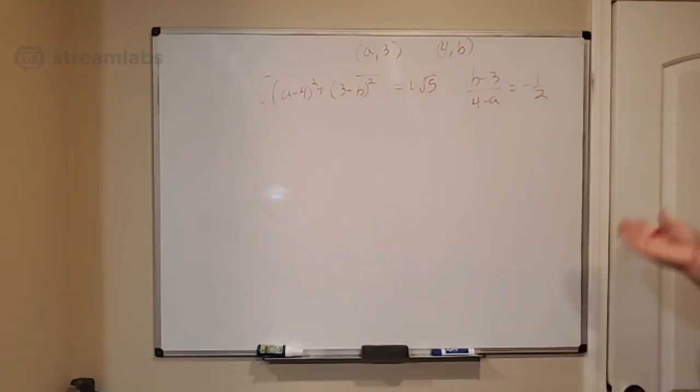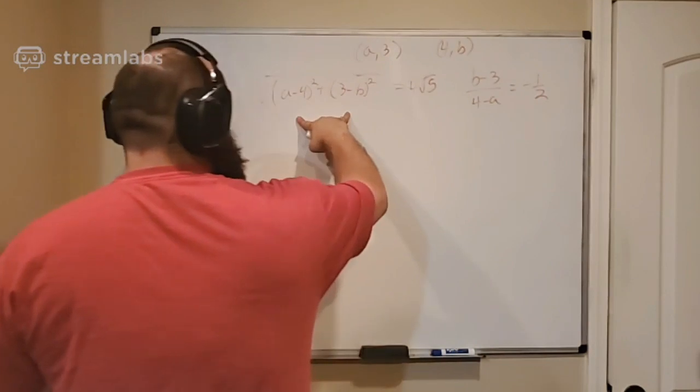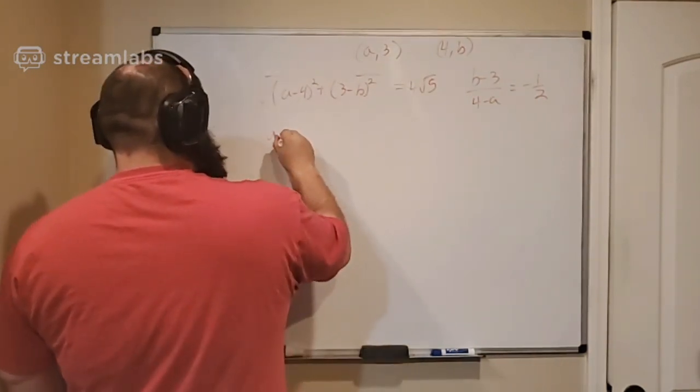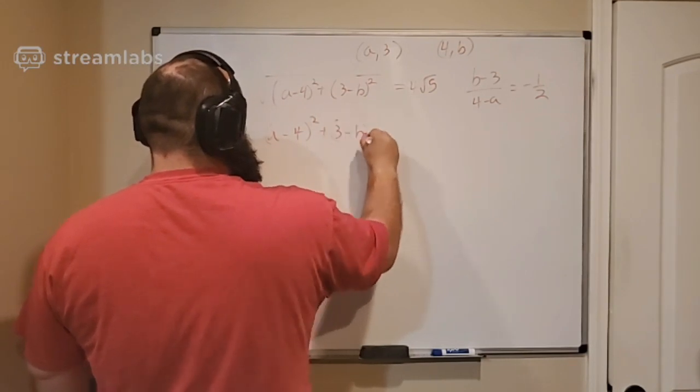So I would square both sides on the distance formula. So you get A minus 4 squared plus 3 minus B squared equals 16 times 5 is 80.